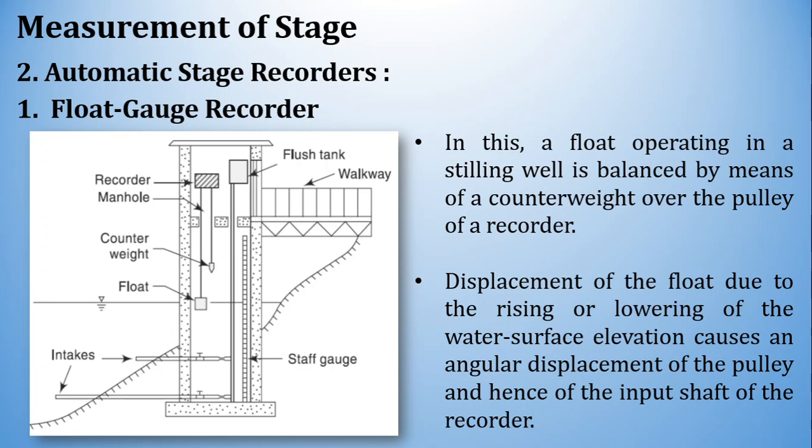In this, a float operating in a stilling well is balanced by means of a counterweight over the pulley of a recorder. Displacement of the float due to the rising or lowering of the water surface elevation causes an angular displacement of the pulley and hence of the input shaft of the recorder.